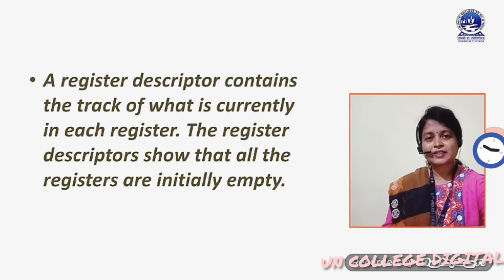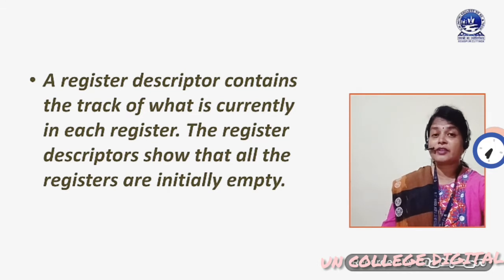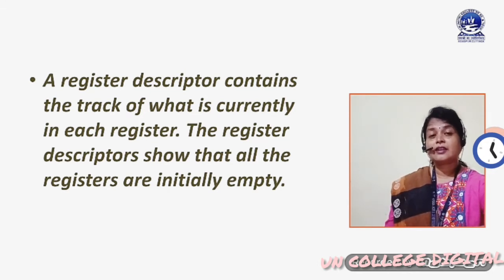Actually, what happens when you are writing a program and passing it for compilation, as we have discussed, is that the compilation process consists of a number of phases and your program passes through them.